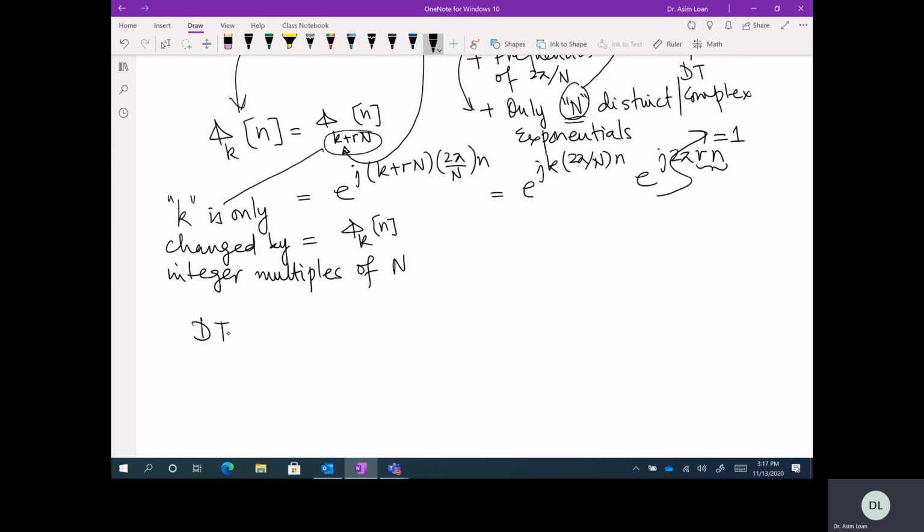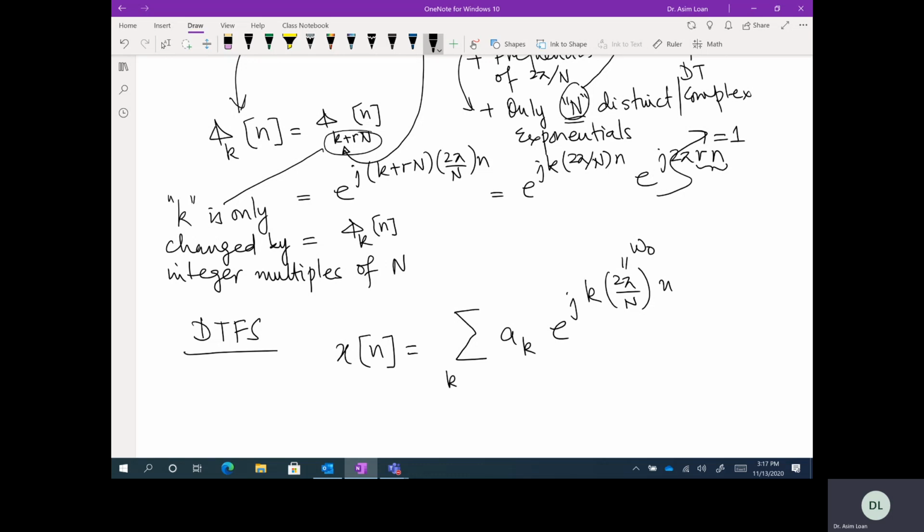So your discrete time Fourier series is x of n equals the sum of a k e to the j k omega naught n. Over there we had e to the j k omega naught t, and here there are only N distinct complex exponentials. This is the same as we said over one time period.